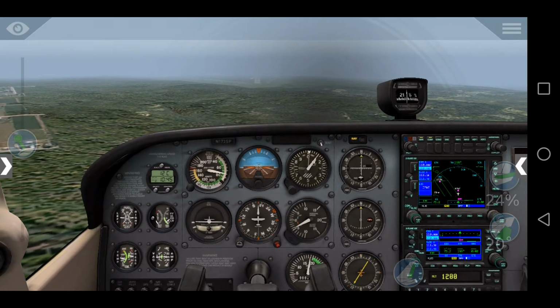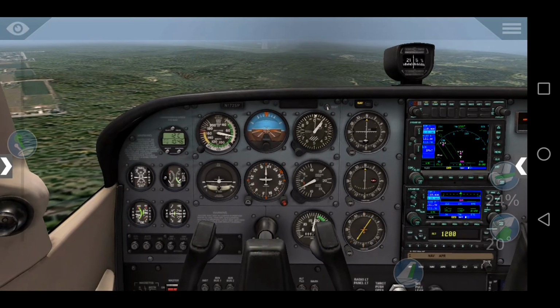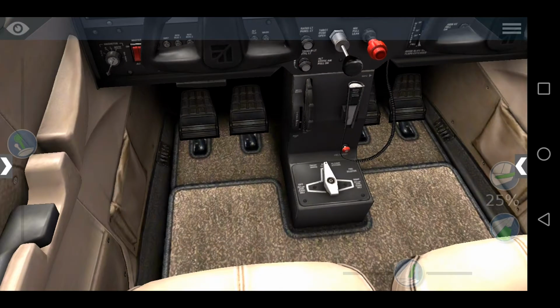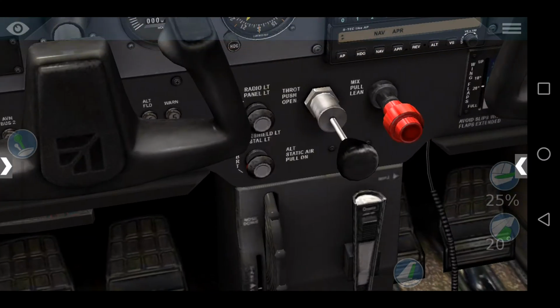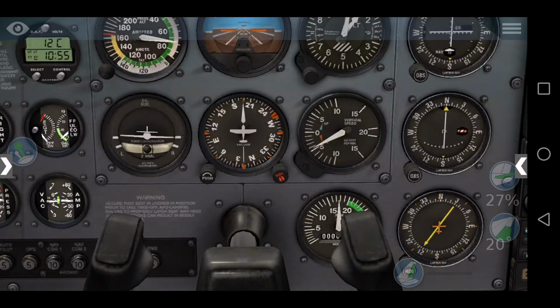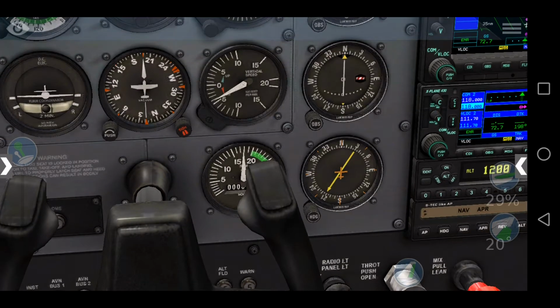So at this moment might be a suitable idea for me to get rid of the autopilot. But let me reduce my power enough to maintain about 60 knots for landing. Alright, let's see our speed coming down. Alright, and at this moment I'm going to dismiss the autopilot.